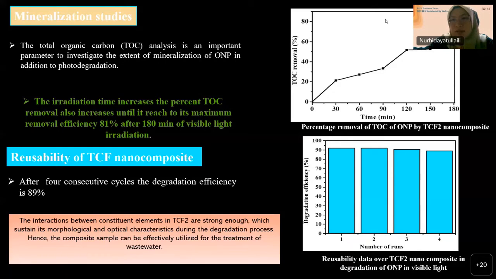This means the properties of the catalyst are durable over a long period of time and many reuse cycles. This is due to the formation of strong interactions between the iron oxide and the chitosan itself. That's why the morphology and optical characteristics were all sustained during the degradation process.